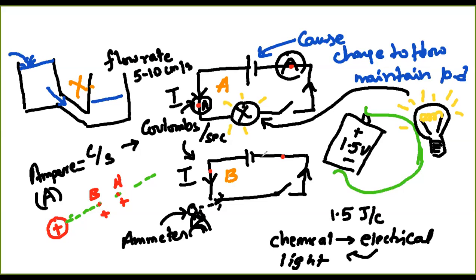If you measure the current at any point, you will find that the current flowing through any one of these points is going to be exactly the same as the current flowing through these points, provided of course the battery and the wires and all that are identical, more or less.